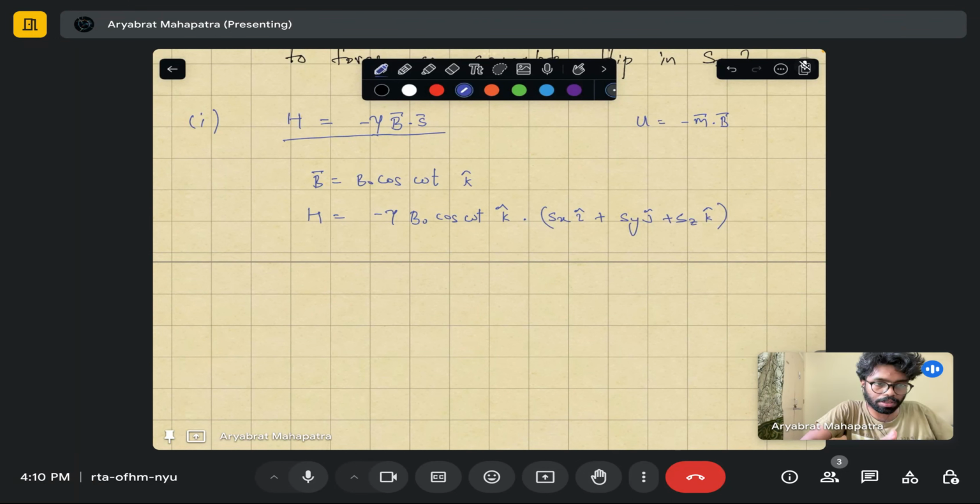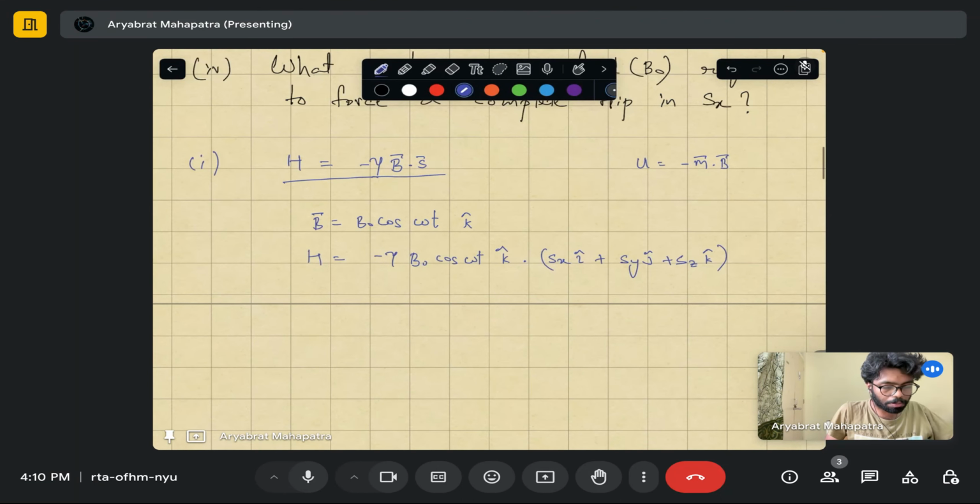I hope this is the right way to do it. Whether I write just Sz or the full dot product, the Hamiltonian is going to be the same, because the magnetic field is applied only along one direction, that is Z. And Sz, we've been talking about since last week.